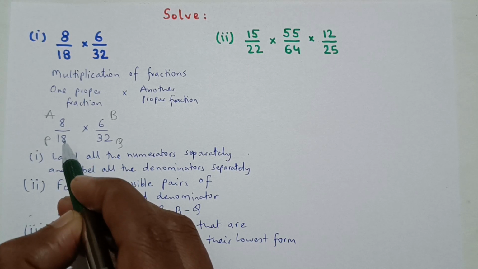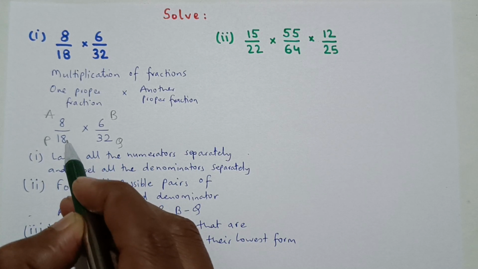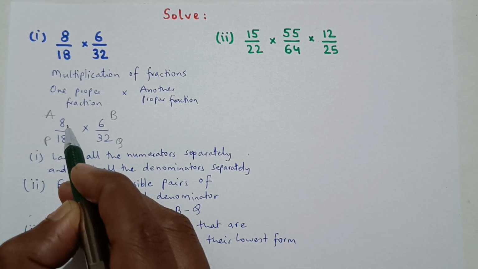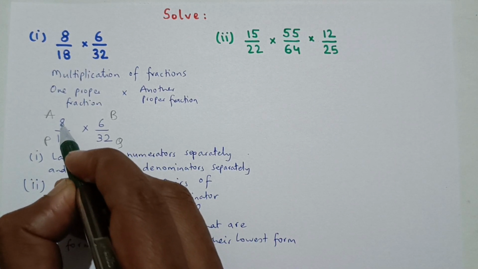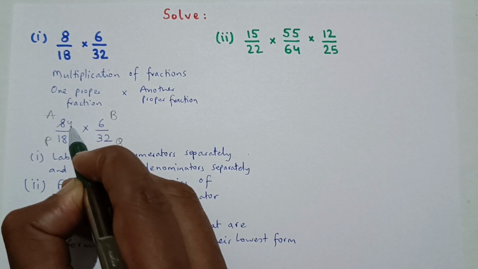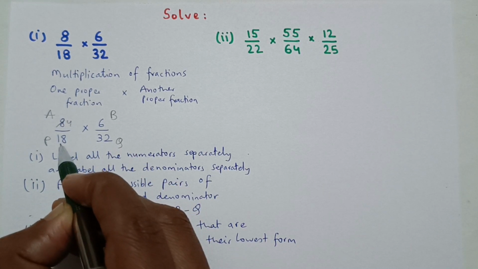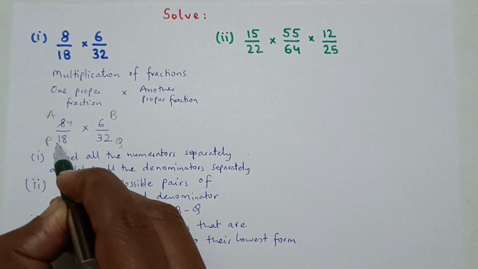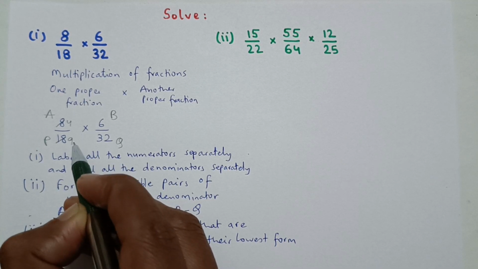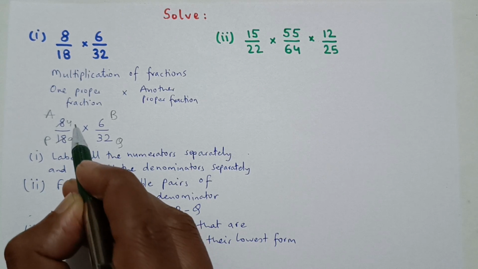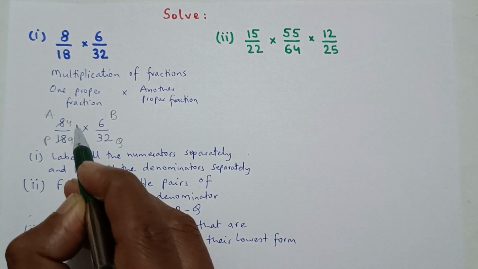So 8 and 18 are both divisible by 2. So I will divide both 8 and 18 by 2. 8 divided by 2 is 4 and 18 divided by 2 is 9. So I am getting 4 by 9, and I cannot reduce 4 by 9 any further.